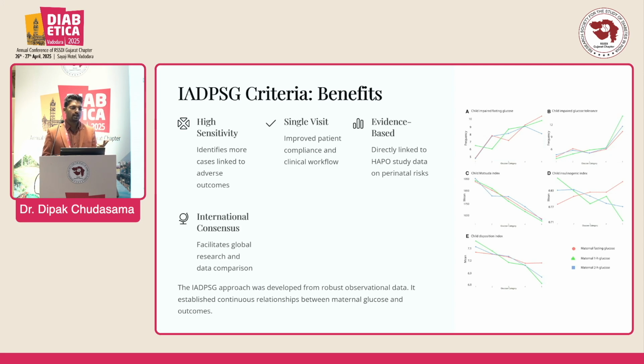The single visit improves patient compliance and clinical workflow as well. It is evidence based, directly linked with the HAPO study data and on perinatal risk as well. It has international consensus, so it facilitates global research and the data available. This approach was developed from robust observational data and established the continuous relationship between maternal glucose and outcome as well.